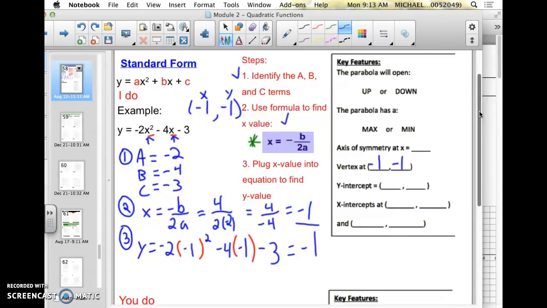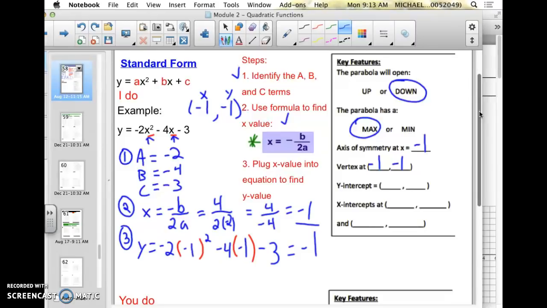I can fill that out in my sheet over here. I know that the axis of symmetry is always the x value of the vertex. I know that this parabola is going to open down because the a value is negative 2. If it opens down, it's going to have a frowny face, which means it's going to have a maximum.